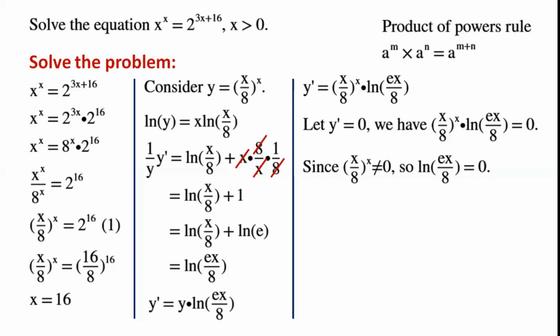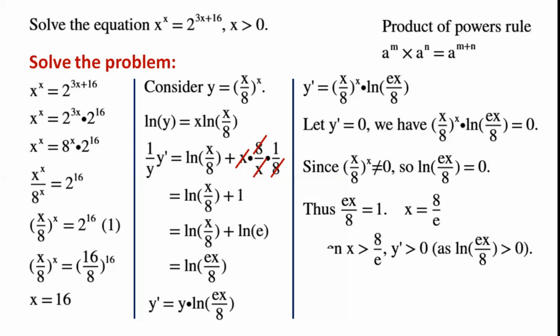Since (x over 8) all to the power of x doesn't equal 0, ln (e x over 8) equals 0. Thus, e x over 8 equals 1. By rearranging the equation, we have x equals 8 over e.